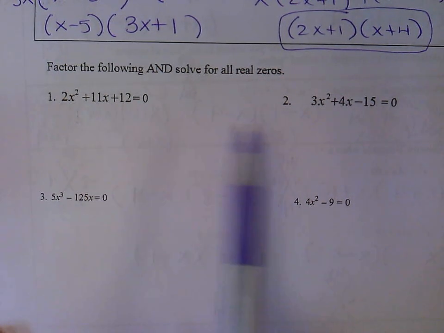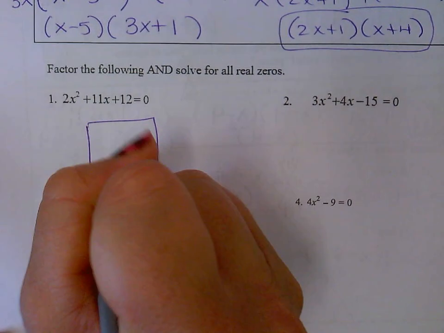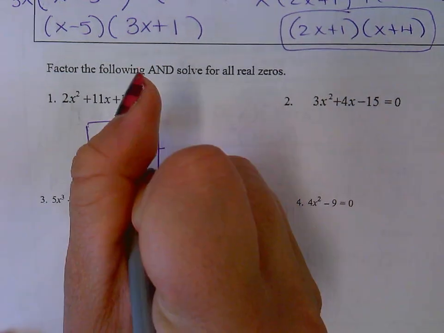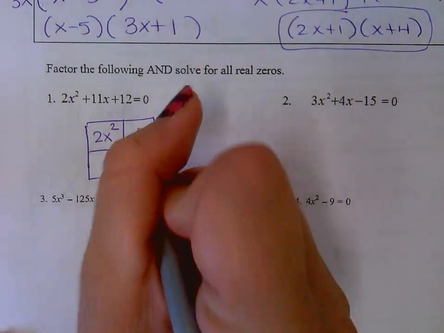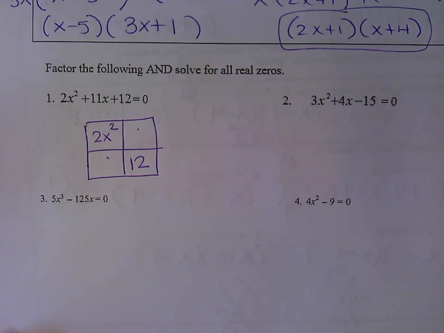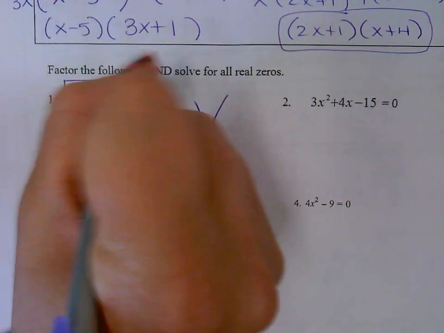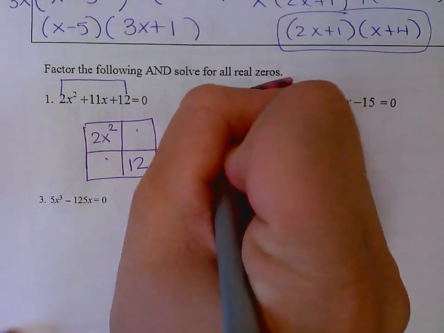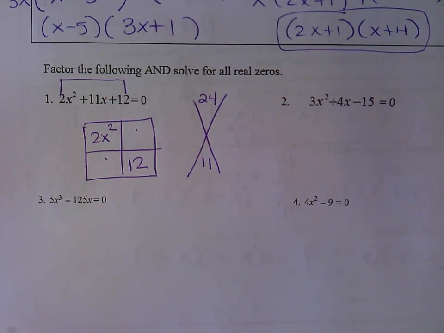So now choose your method, but I tend to just set up the box to kind of hold my numbers. So I've got 2x squared and I've got a 12. I need to figure out my other 2 numbers by using the diamond method. And I do 2 times 12 is 24. And I need the factors to add up to 11. So what are the 2 factors I should try to use?